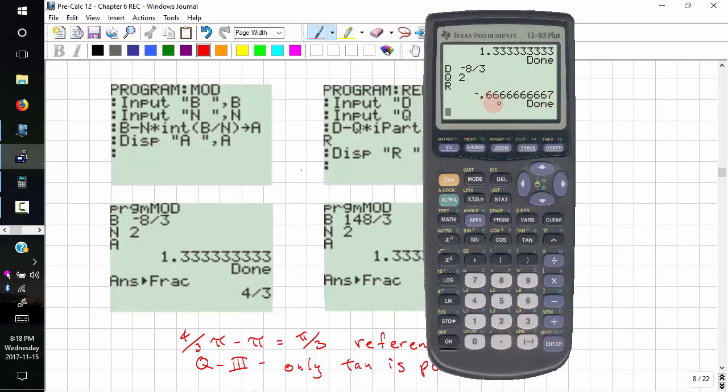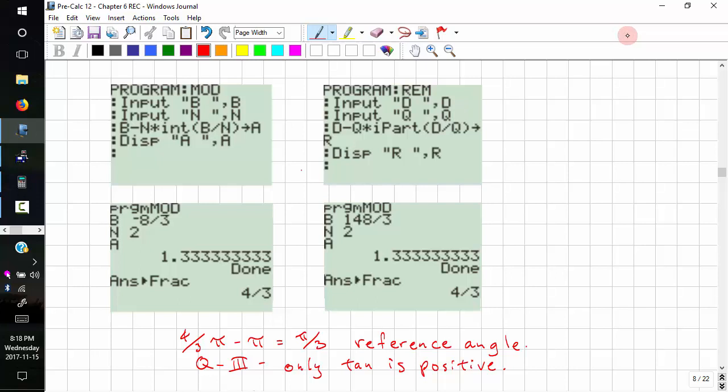So like I said, like a clock, we don't want negative values, and we would have to add 2 to this to get our 1.33. Okay, so that's a simple program to use. Doesn't take very long to program it in.